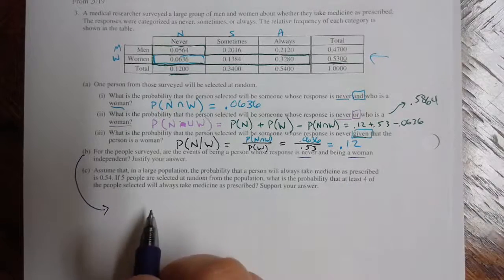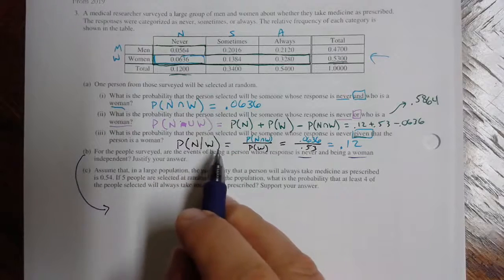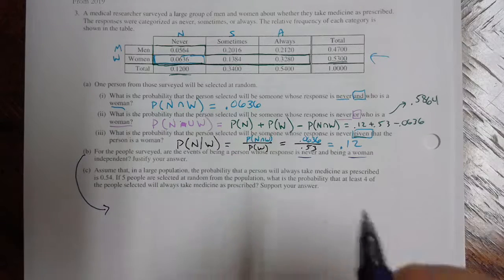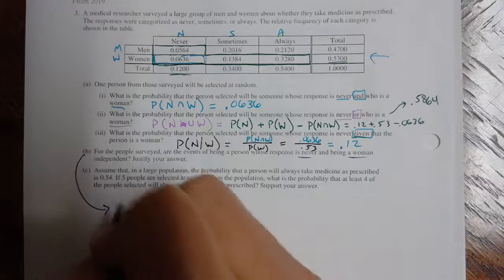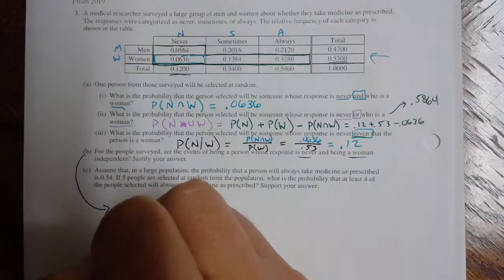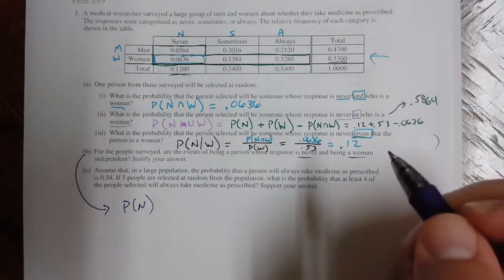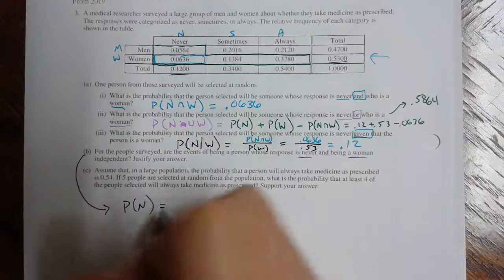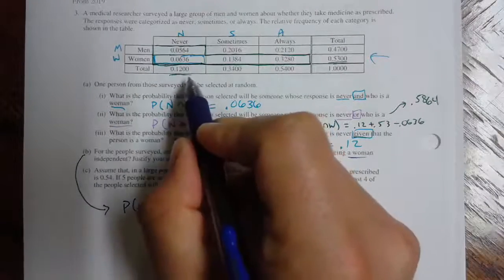I'm going to choose, since we already have the probability of never given a woman is 12%, I'm going to contrast that. Well, what's just the probability of never overall? So one way to check for independence, we can find this probability of someone just never taking their medication. That number is 12%. And that's given right in the chart up here.